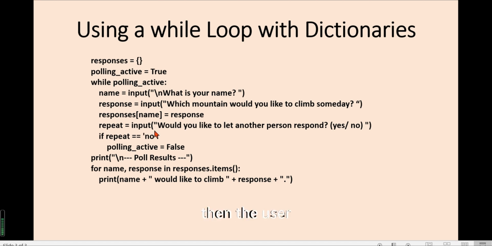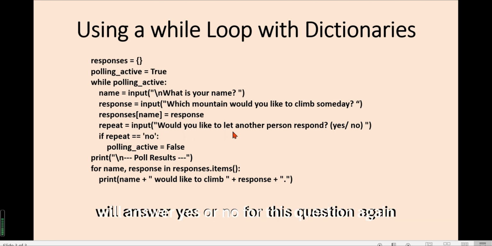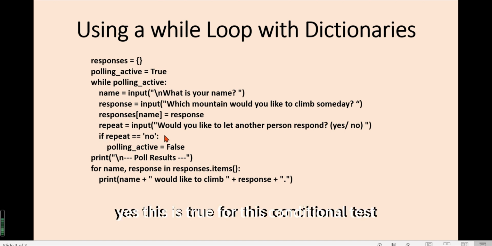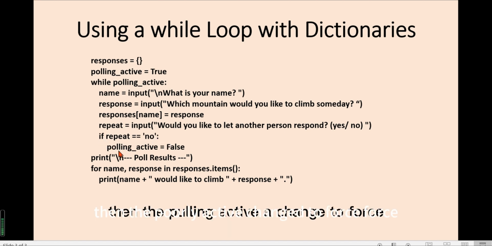Then the user will answer yes or no to this question again. For example, this time the user answers no, so repeat is no. This conditional test is true, so polling_active changes to False.